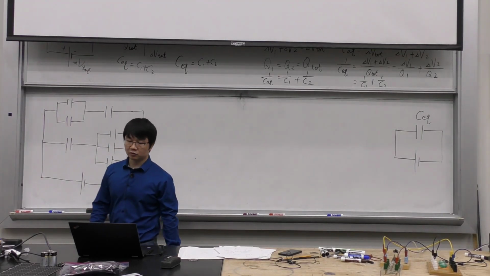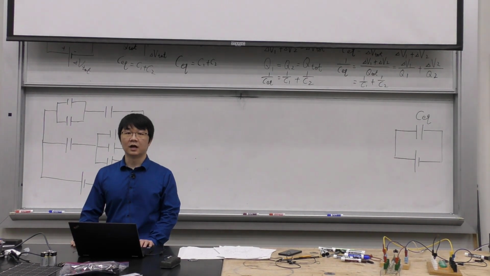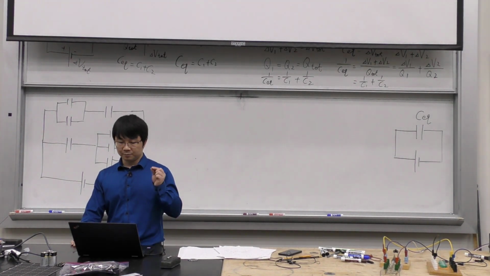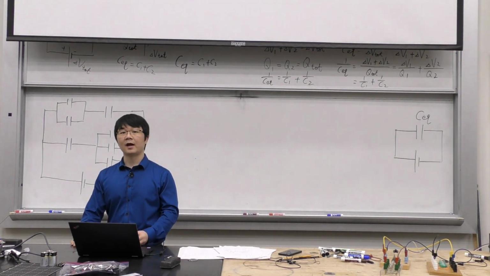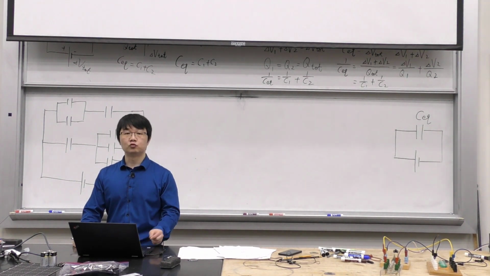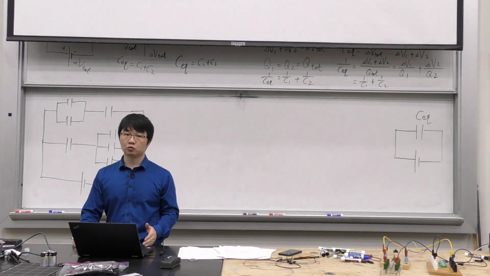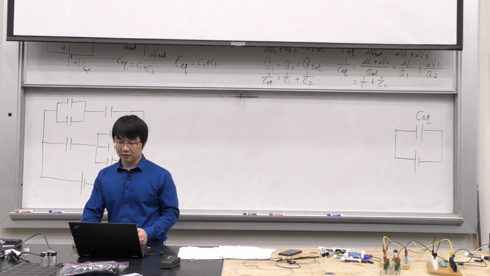I always start with some small combination I can identify as parallel or series, for sure, 100%. Then I'm going to replace that small combination with their equivalent and draw a new diagram, and do that step by step. Make sure I don't make any mistake.